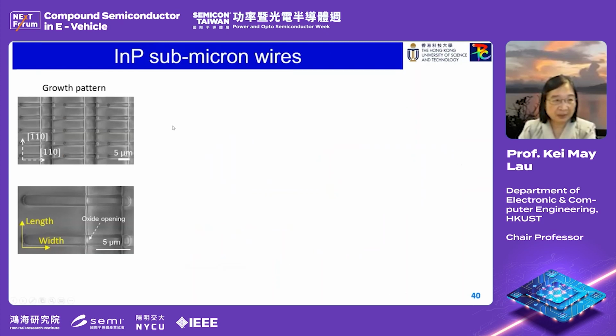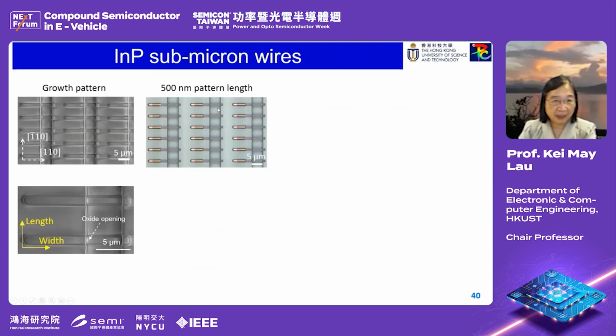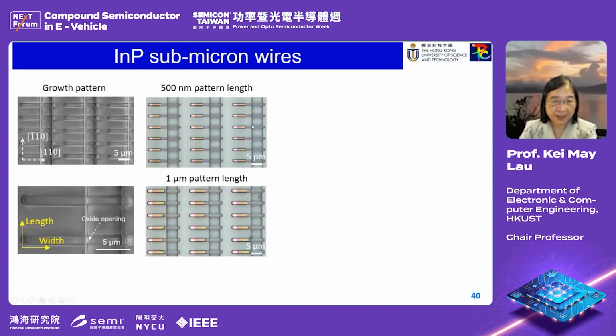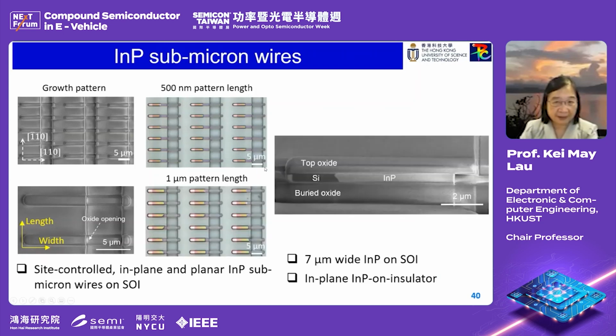This is the SEM showing a 500 nanometer pattern and a 1 micron pattern, and in this direction we grew it up to 7 micron. These are the in-plane indium phosphide on insulator.